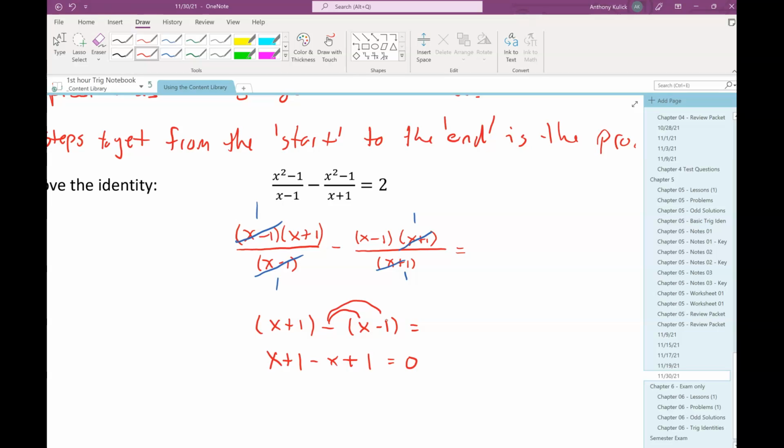Okay, now what? So I combine the like terms, so the positive x and the negative x add to give us 0, right? When we're adding and things cancel out, they become 0.